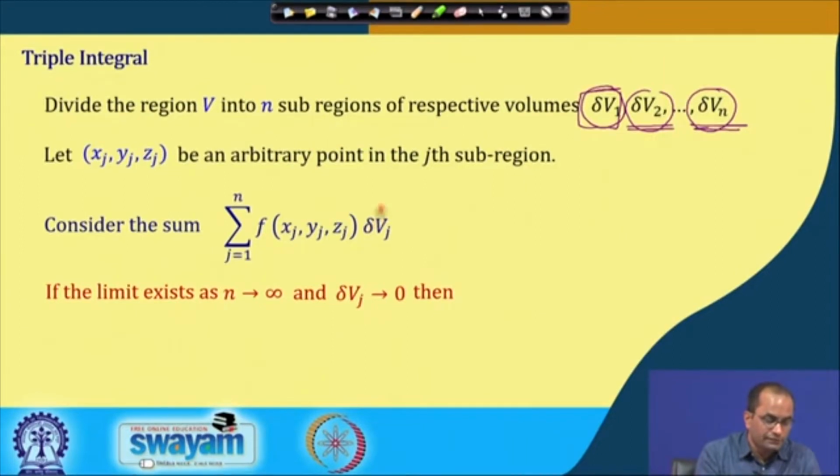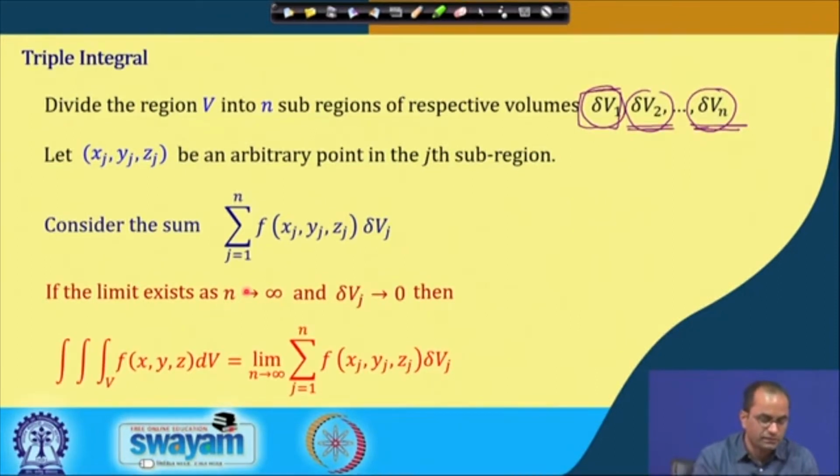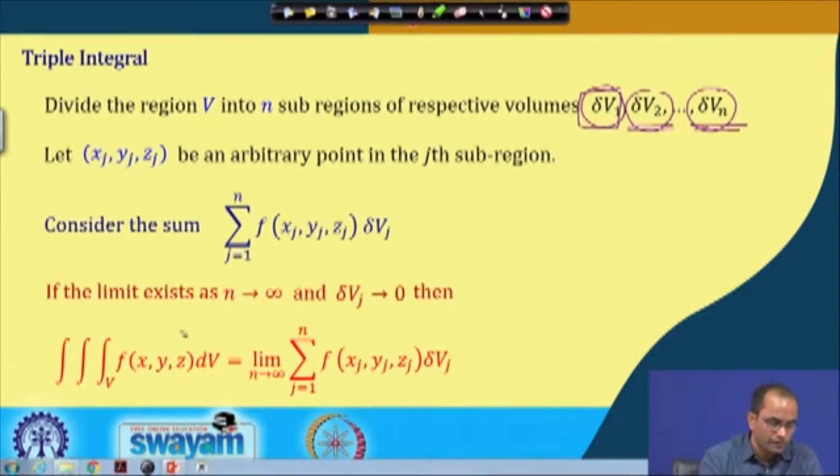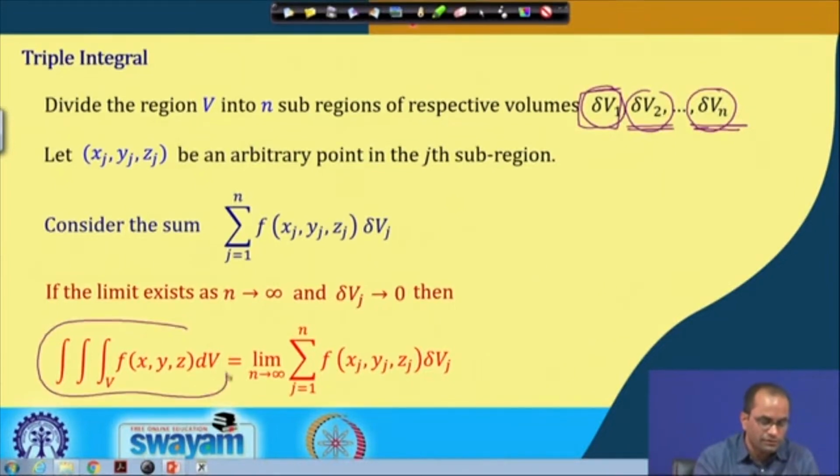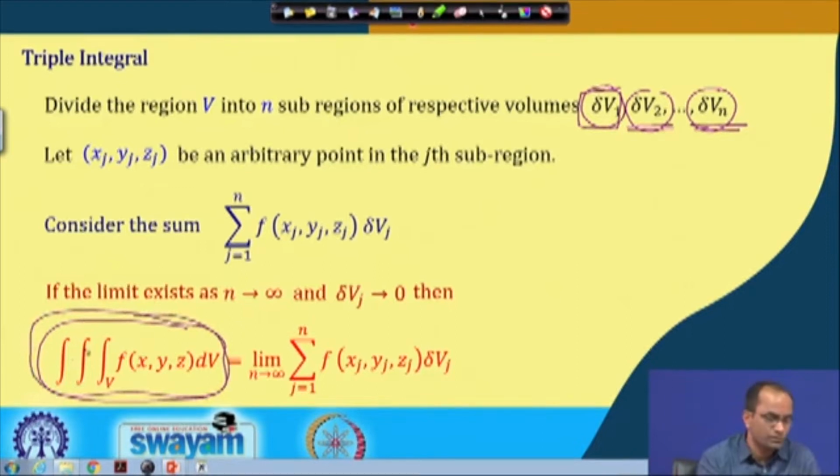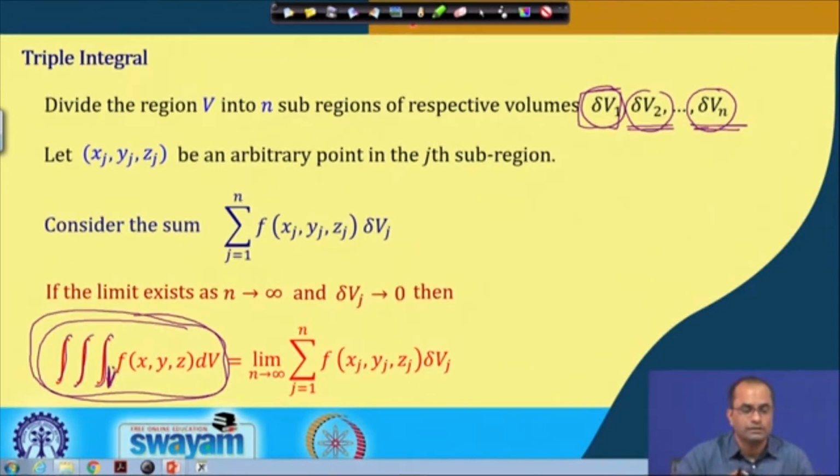If this limit exists as n approaches infinity, in that case we call this an integral, and the notation for the triple integral is this. We have the 3 integral symbols over that volume V, which is a region in the 3-dimensional space.